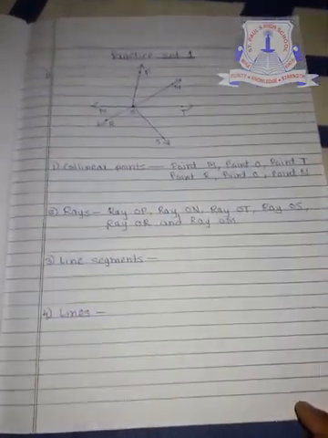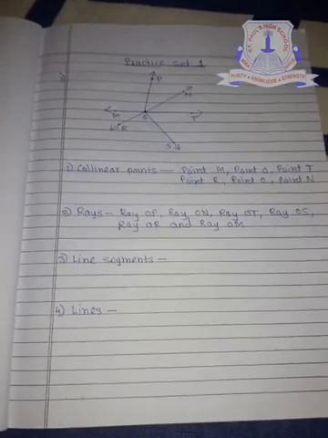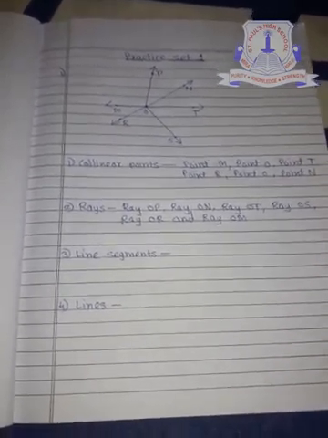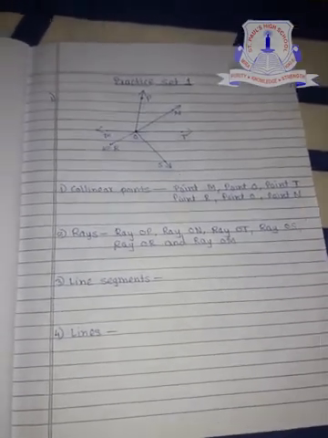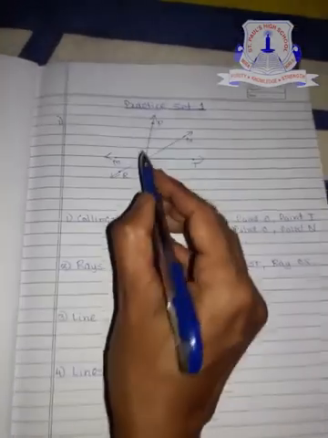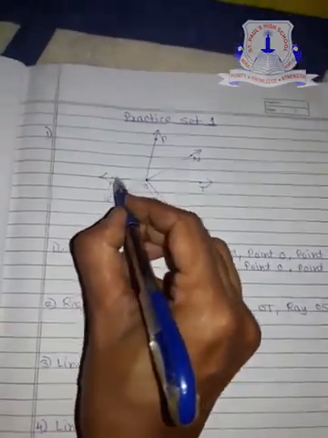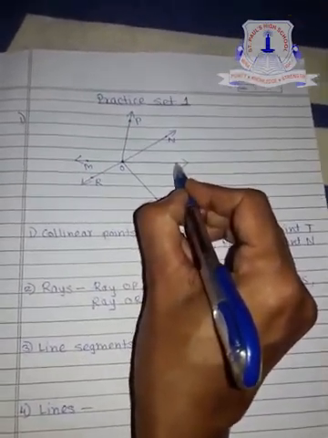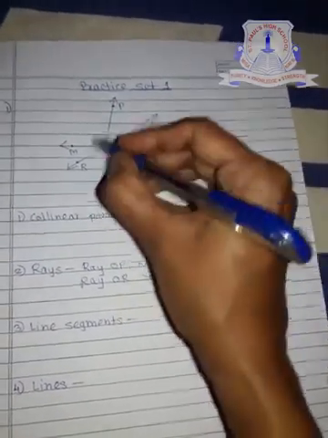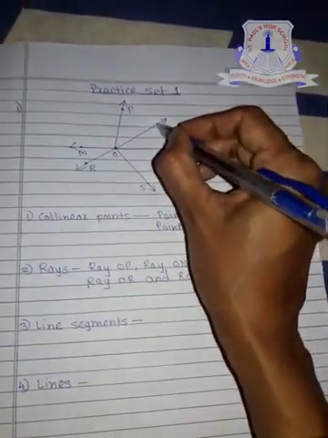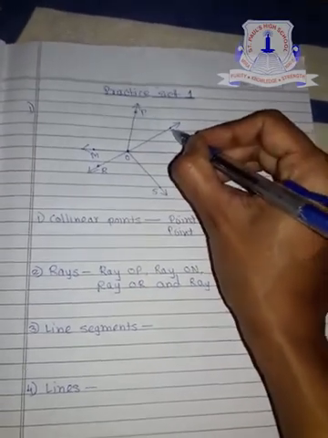Now what are line segments? A line segment has two end points. It has a limit, so it is called a line segment. So we are going to write here line segments. First I am going to tell you which are the line segments. Look here: this is the point M and this is the point T, so segment MT. After that point R and point N, segment RN.